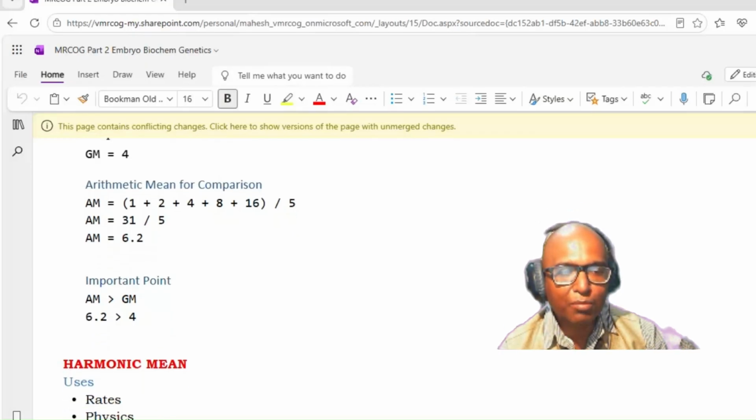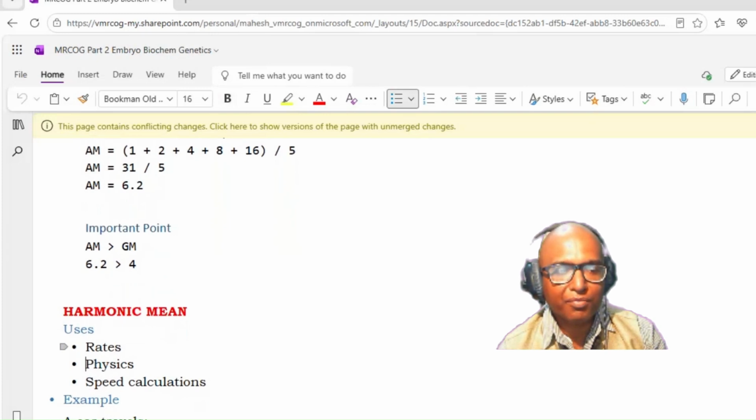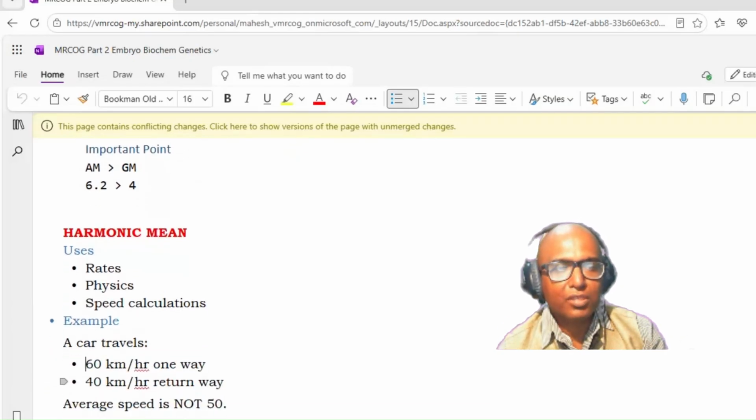Now the third is the harmonic mean. The harmonic mean is used when we are talking about rates, physics, and speed calculations. Suppose a car is traveling at 60 kilometers per hour one way and coming back at 40 kilometers per hour on the return.